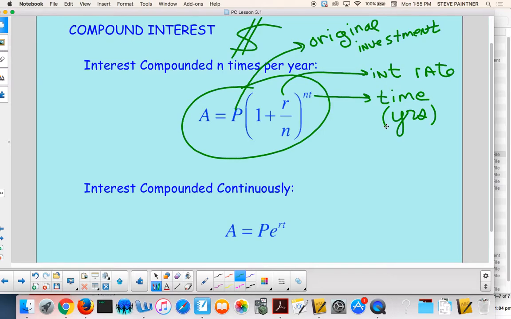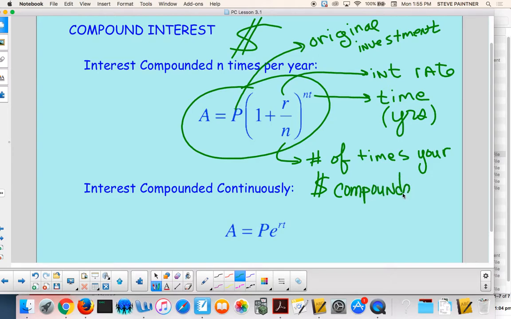The letter N, this is not a fun one. N is the number of times your money compounds, and it would be per year.